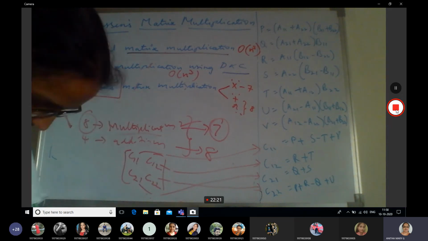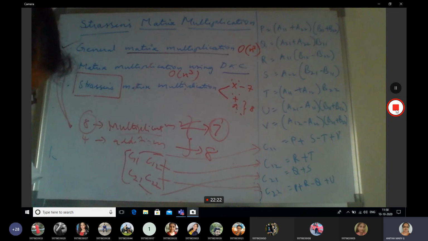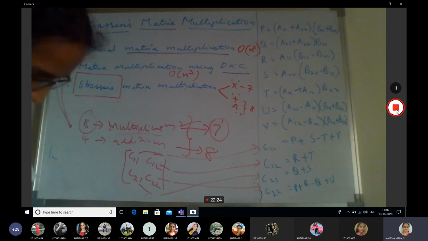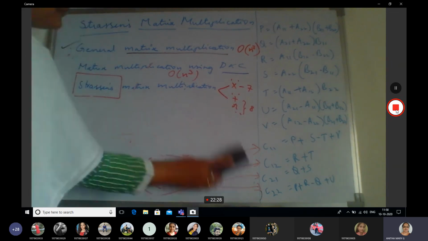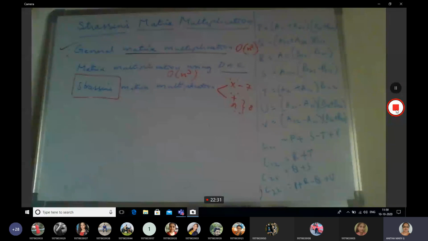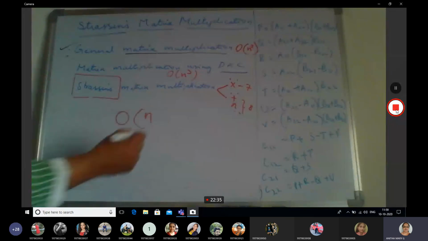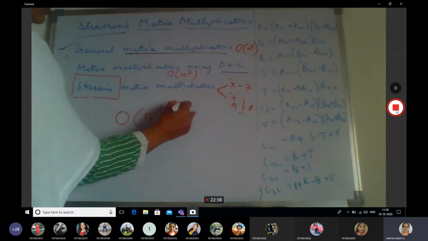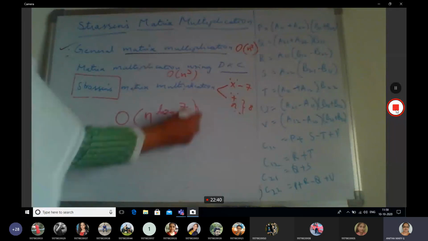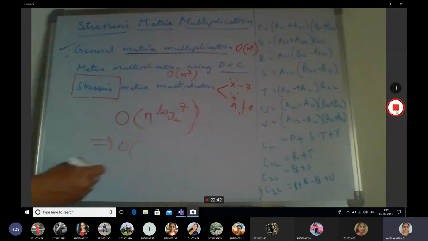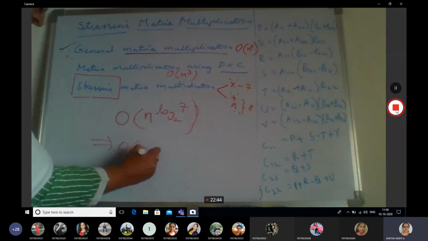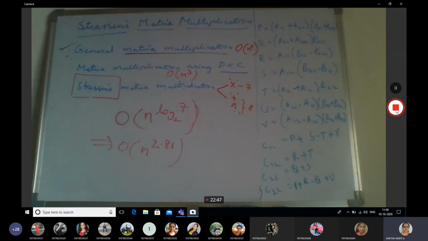When this procedure is followed, the time complexity for Strassen's matrix multiplication is order of n to the power log 7 base 2, which becomes O of n to the power 2.81. Earlier how much was it? O of n cube.